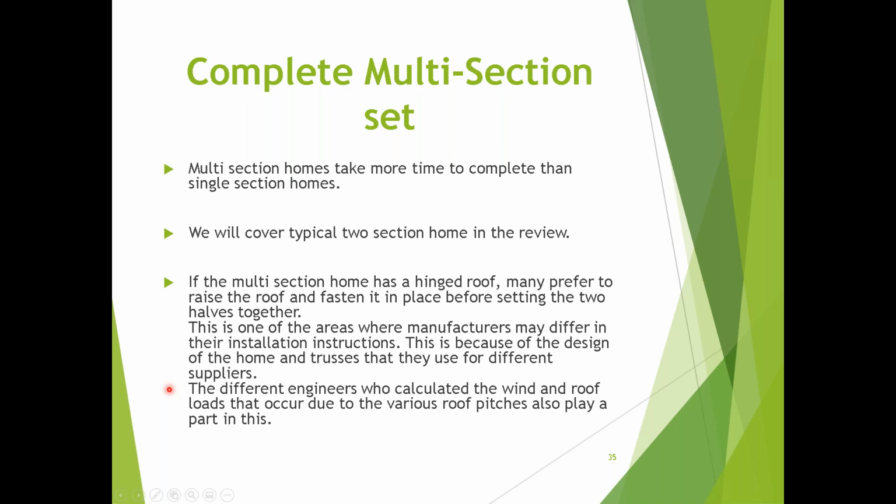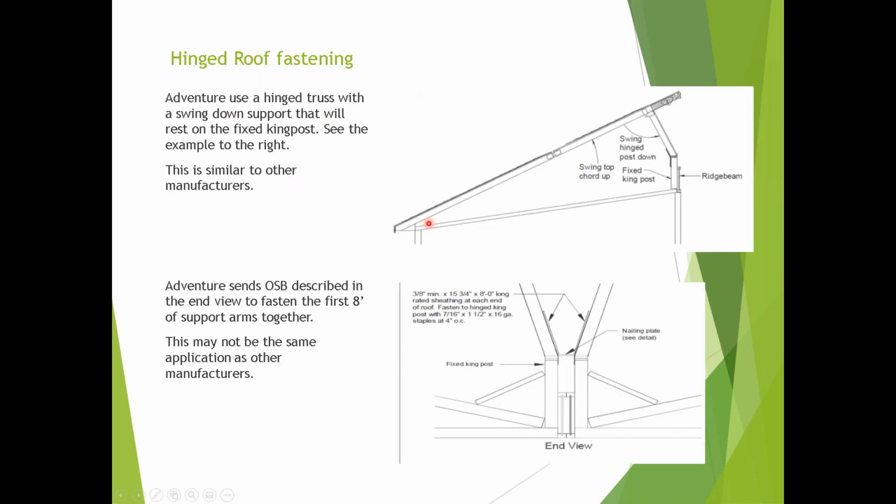Same thing holds true with engineers. If you go and lay a design in front of them, one may tell you that you have to use bolts, and another one tell you you can use nails. Talking about a hinged roof, typical hinged roofs, and this is an example of an adventure.